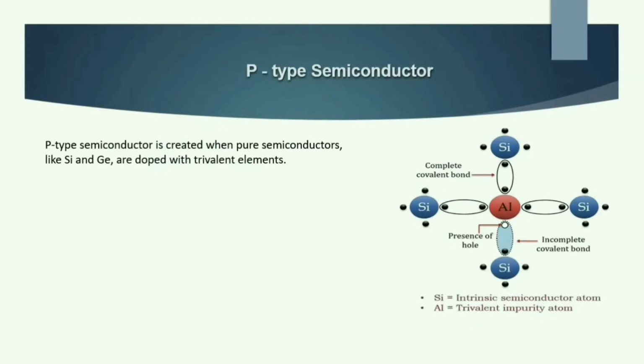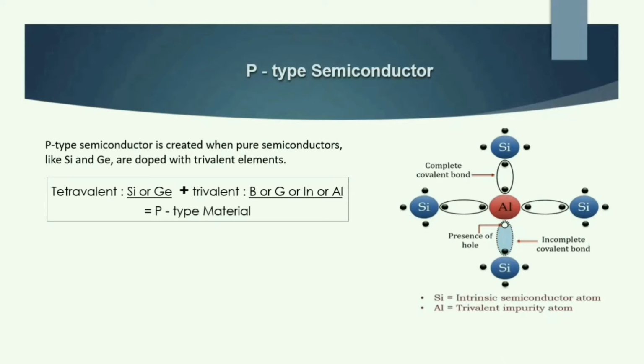As we know, P-type semiconductor is made when pure semiconductors like silicon or germanium are doped with trivalent elements having 3 electrons in the outermost orbit. Some of the examples of trivalent elements are boron, gallium, indium, and aluminum.